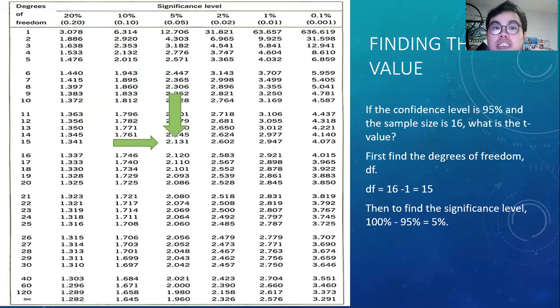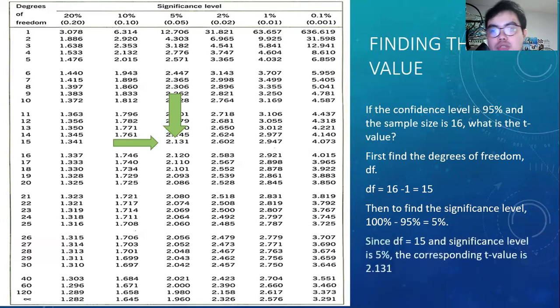This is the correct t-value because it corresponds to the significance level, 0.05, and the degrees of freedom, 15. Therefore, the correct answer is 2.131.